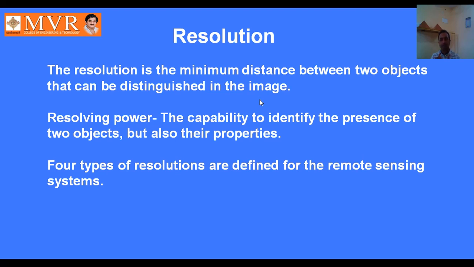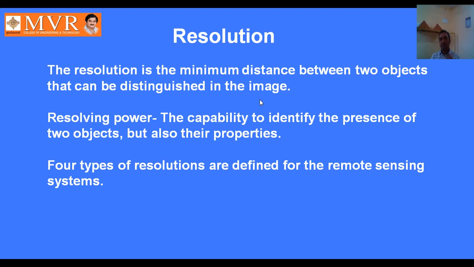This is a terminology in remote sensing. We always use gray value equal to brightness value equal to intensity value equal to digital number. So, these are all equal.